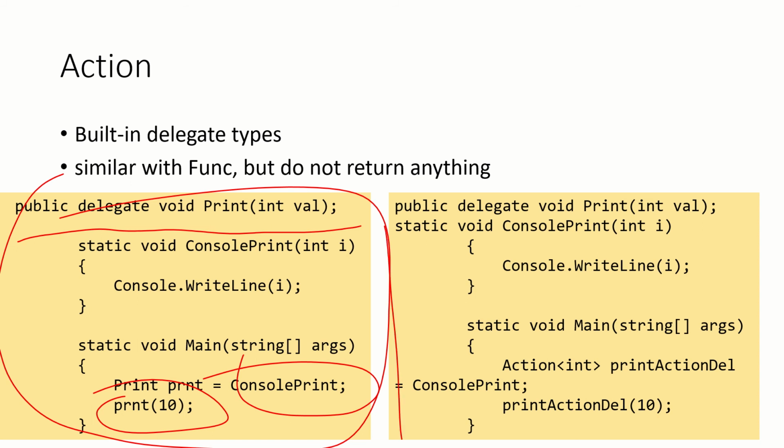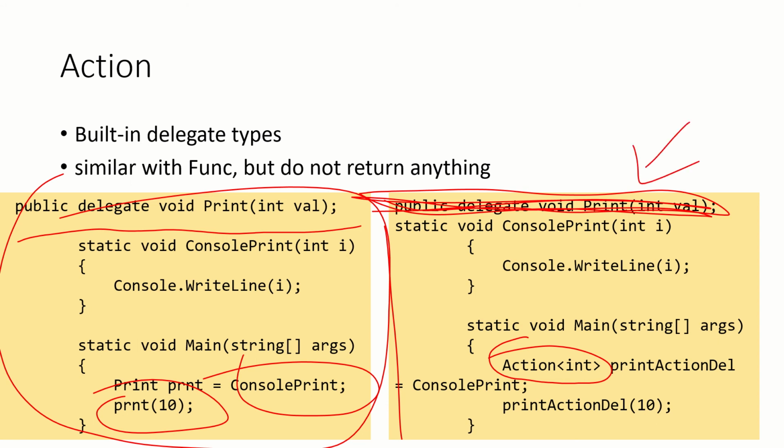And for this part, if we're using Action, you don't have to use this line. The steps are the same. Instead, you get rid of this customized delegate declaration, right?